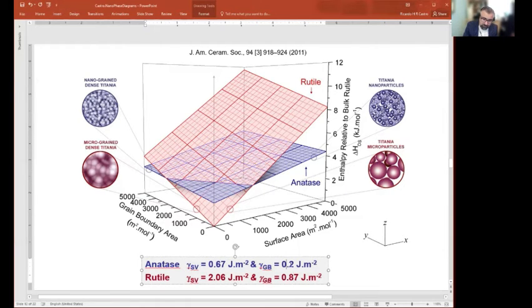And because the grain boundary energies are different, you also have a crossover at a certain point that will make a transition from the rutile stability range to the anatase stability range. But the key point is that because the energy differences are distinct, you would have this crossover point at different areas.